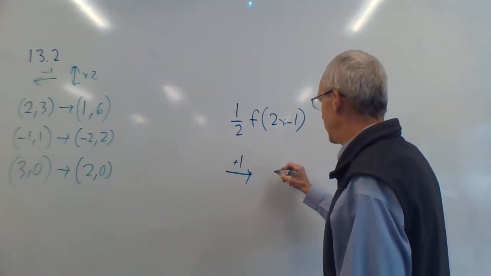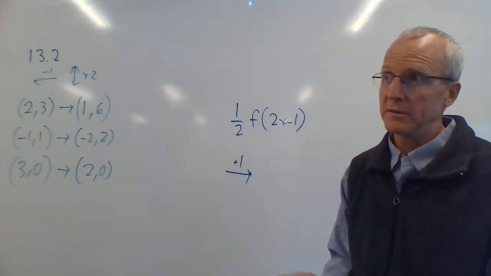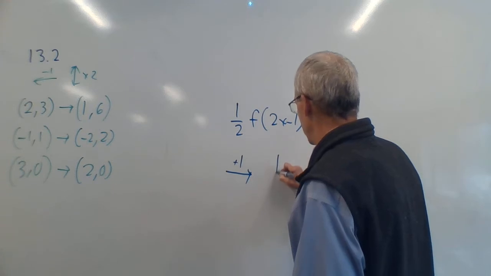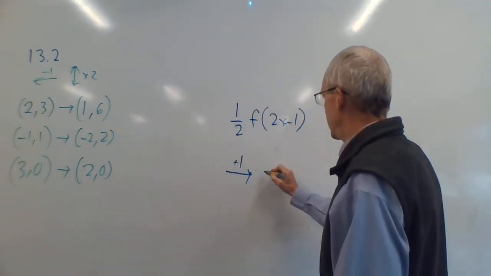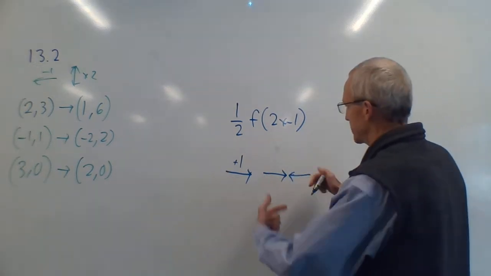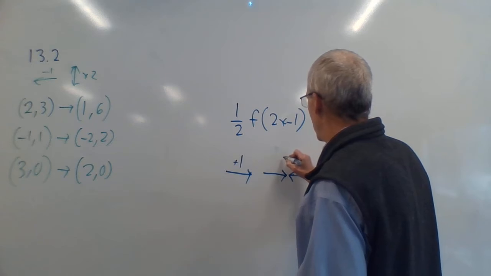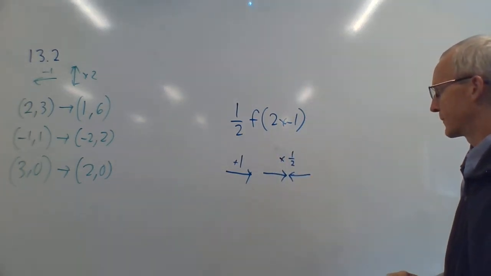So we divide it by 2, or multiply it by 1/2, right? Dividing by 2 is the same as multiplying by 1/2. So we're going to compress it in the x direction. So I draw it like that, compressing it. Shrink it down in the x direction by 2, or multiplying the x direction by 1/2.